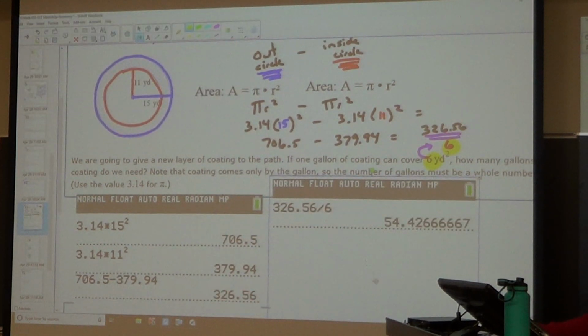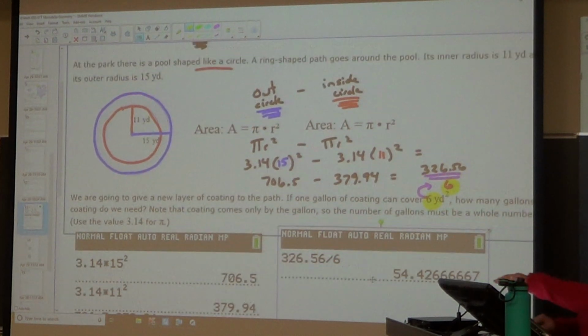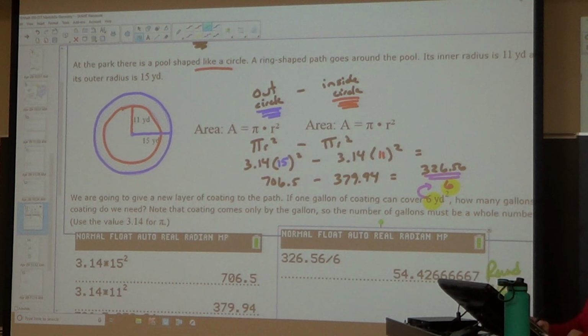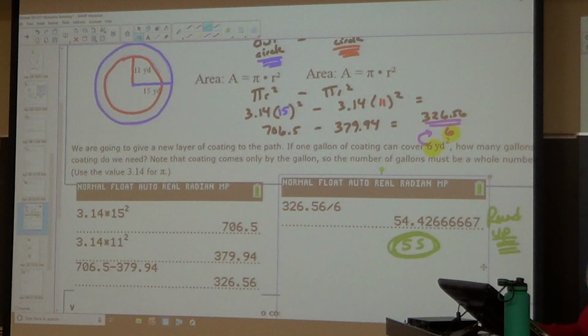Now, here is where everybody's going to screw up. I'm going to write it in the color I haven't used. Round up. No matter what, you're going to round up. So my answer is going to be 55. Even though mathematically it shouldn't round up. But we're asking how many gallons of material do we need?